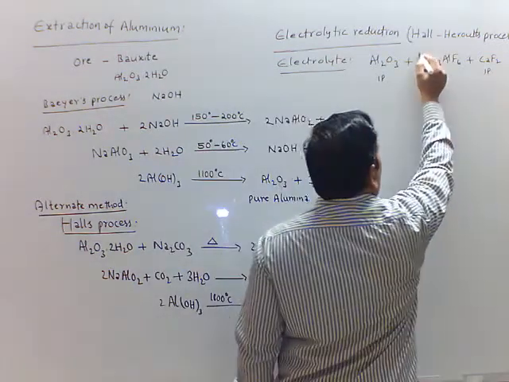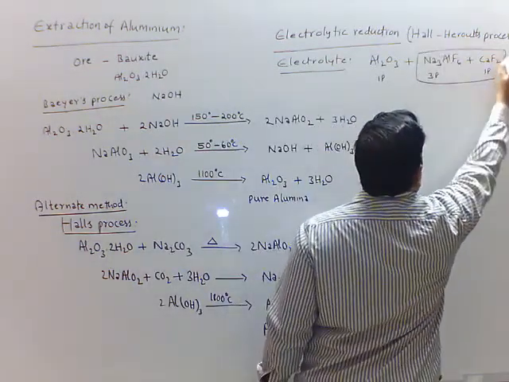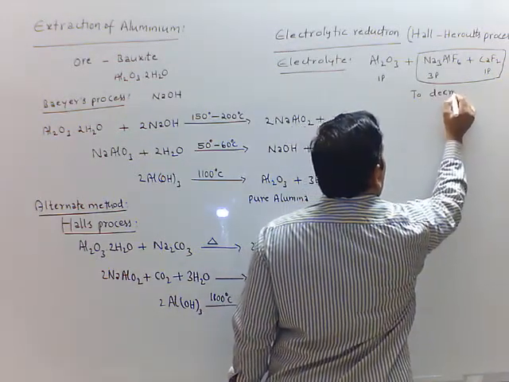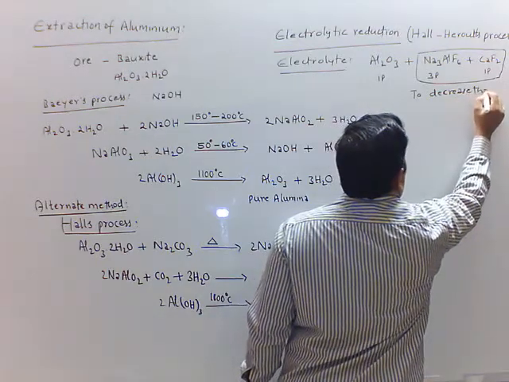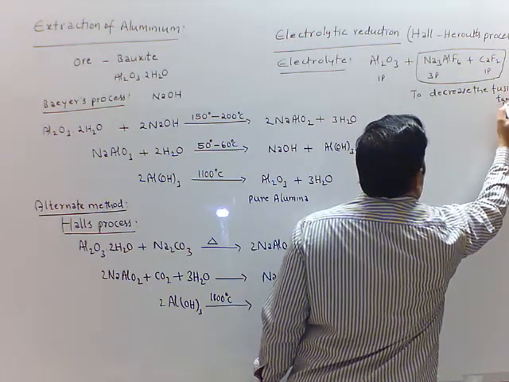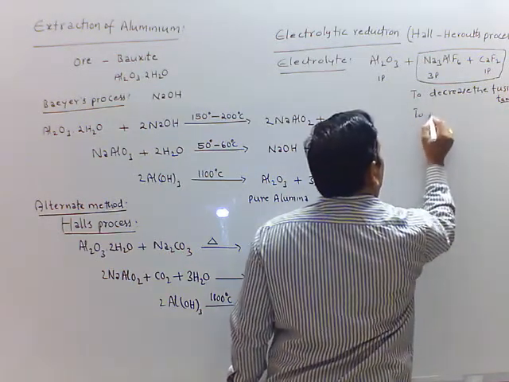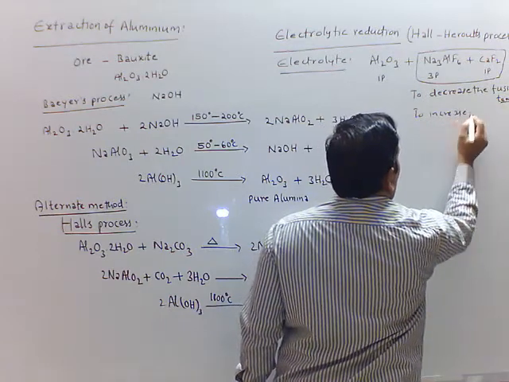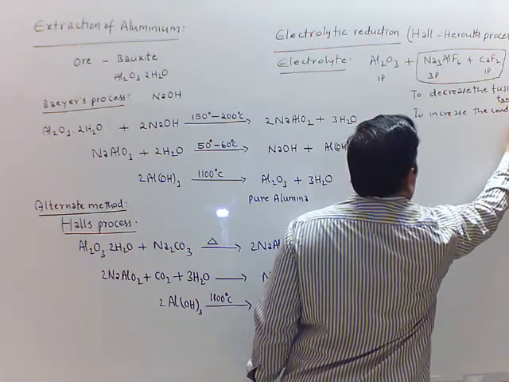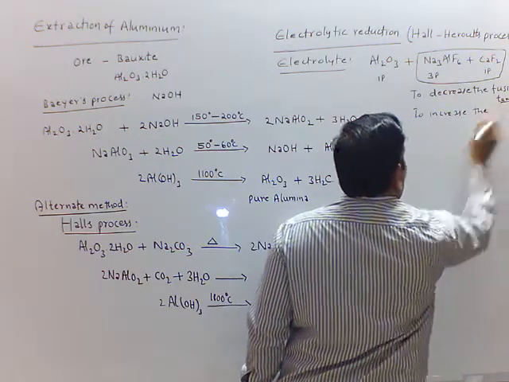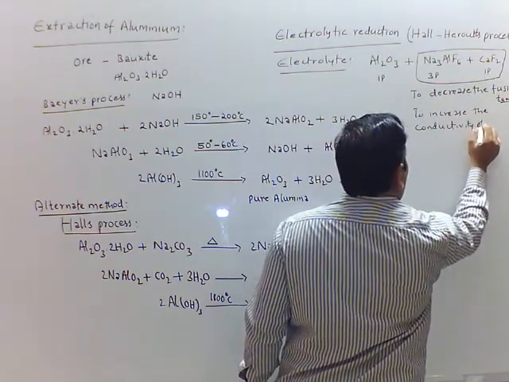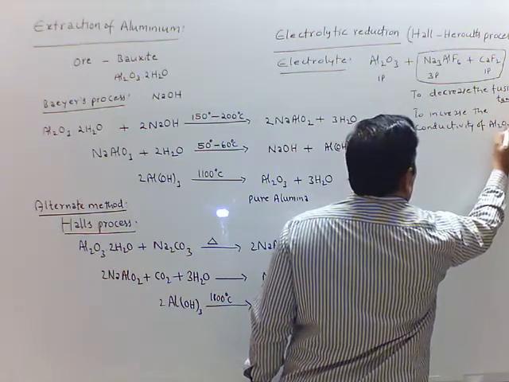So this plays an important role: to decrease the fusion temperature of the electrolyte and to increase the conductivity of Al2O3.